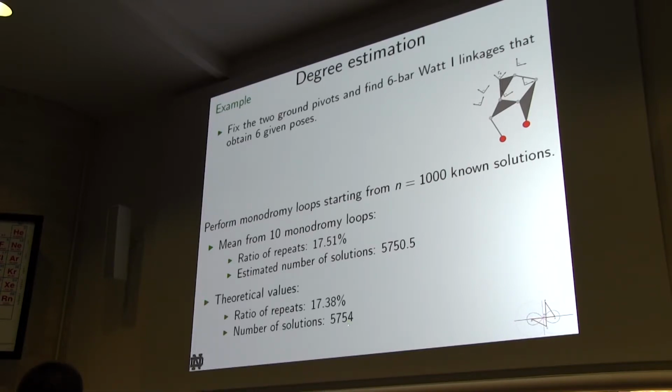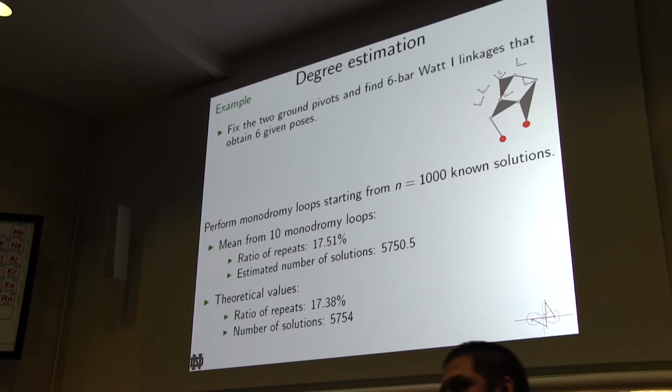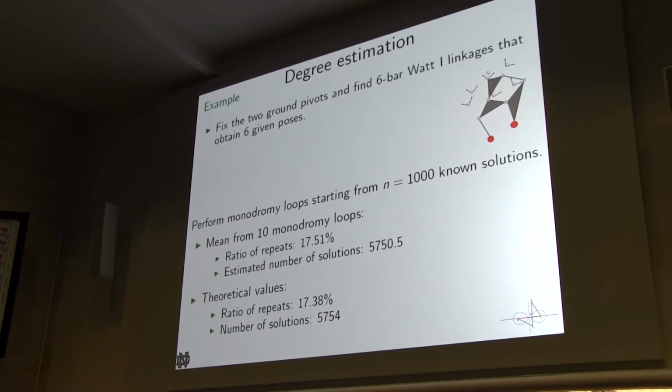The actual answer is 5754. Amazing. I know my model is wrong, I know I can't do this, but even in this estimated framework, it actually gives us data that we can use. So even from 10 loops, we have a very accurate estimate of the number of solutions.